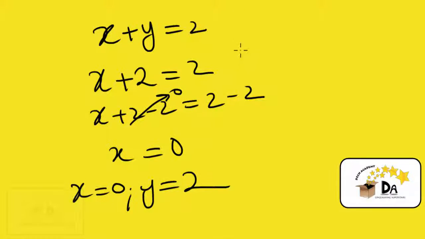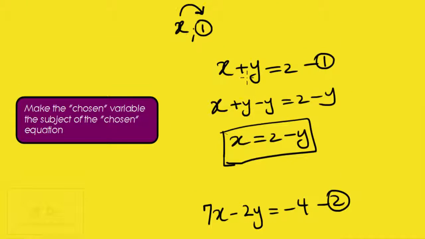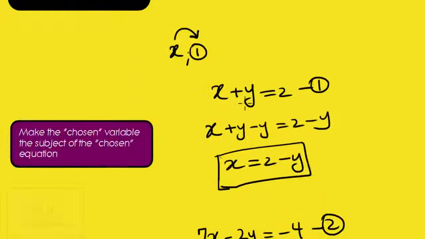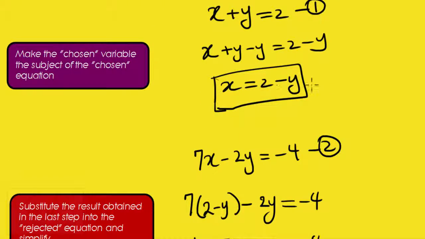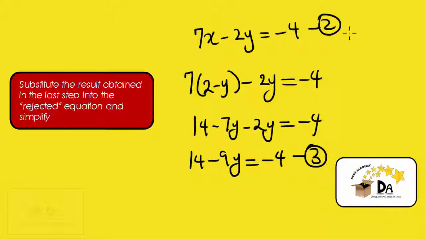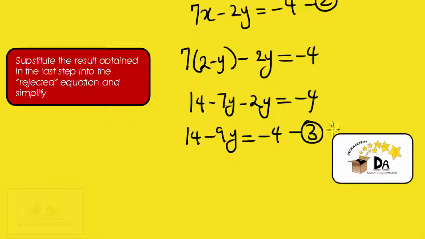And this is the last example. So just summarizing the steps. You have two equations with two variables. Choose one equation, choose one variable. Make the chosen variable the subject of the formula in the chosen equation. Substitute this result into the rejected equation to obtain an equation. I call this equation 3.